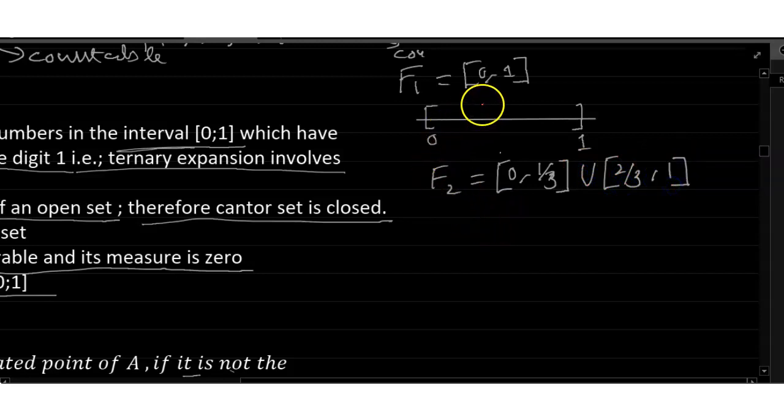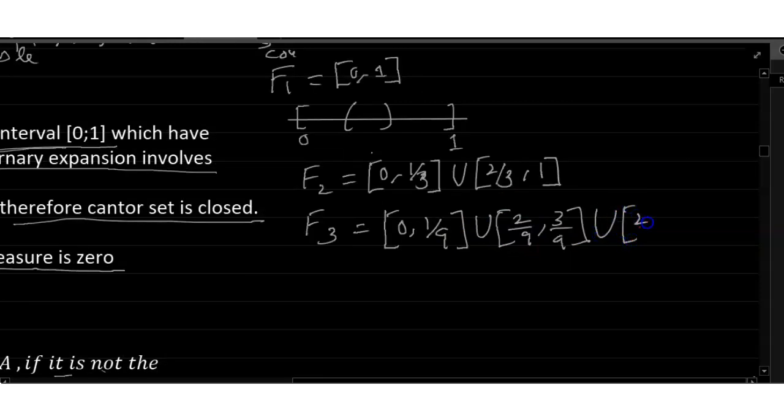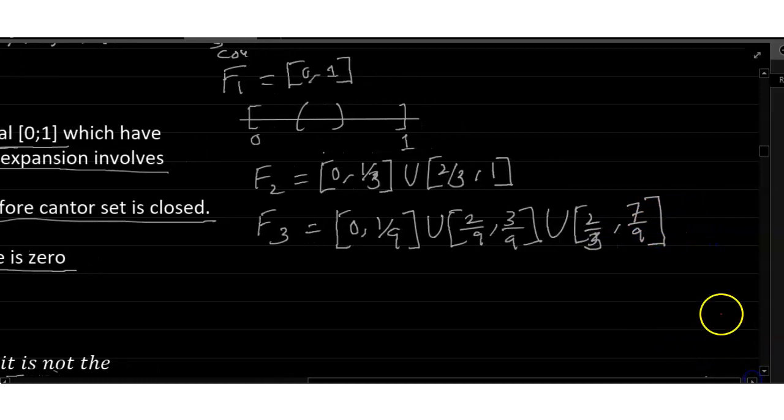So this is divided in this way, and F3 equals [0, 1/9], then [2/9, 1/3], [2/3, 7/9], and [8/9, 1].